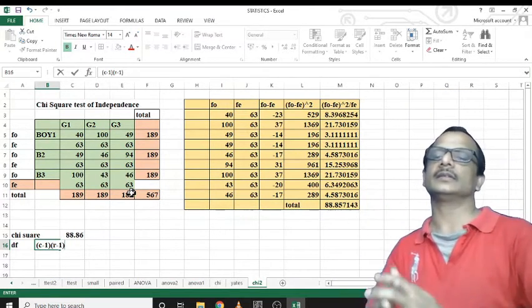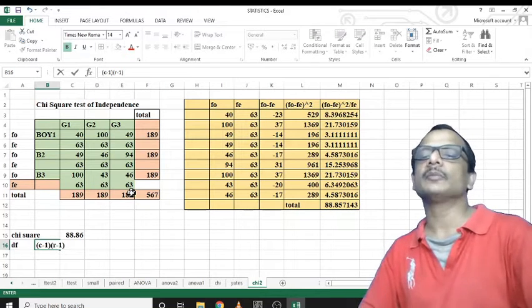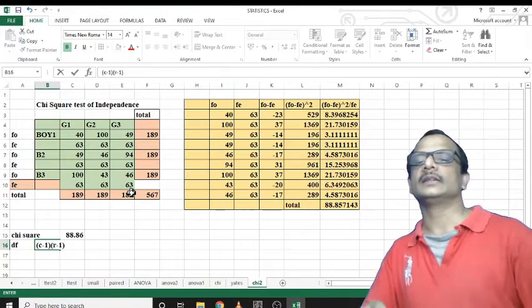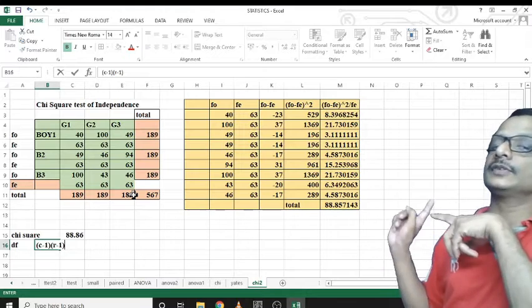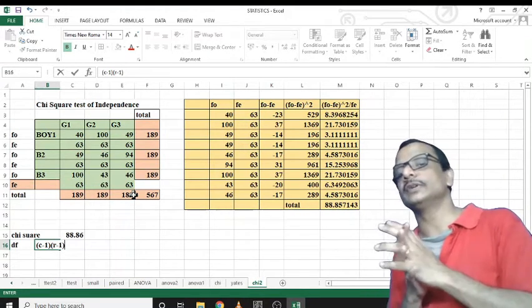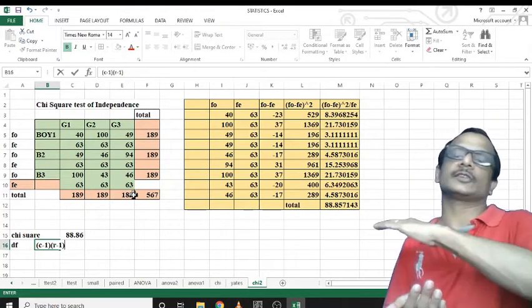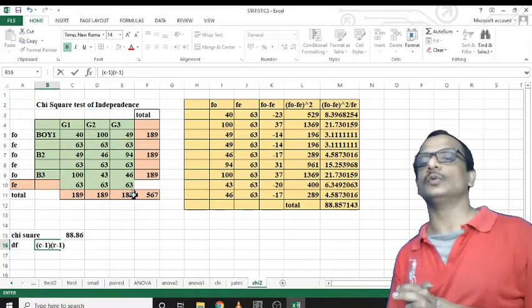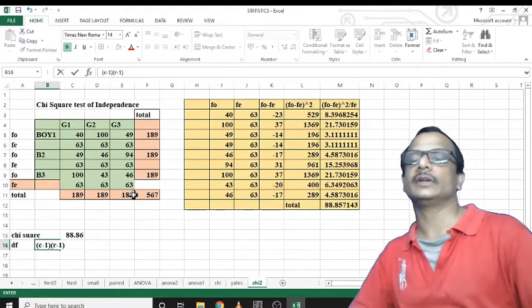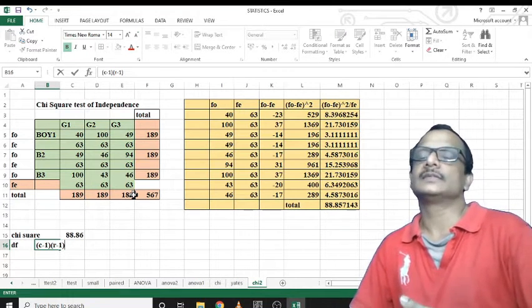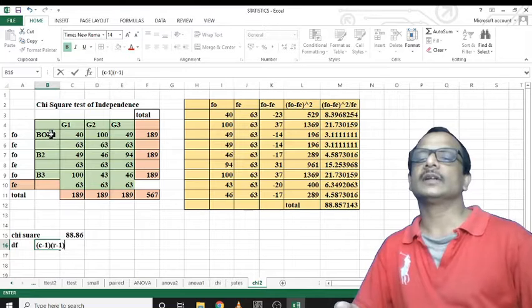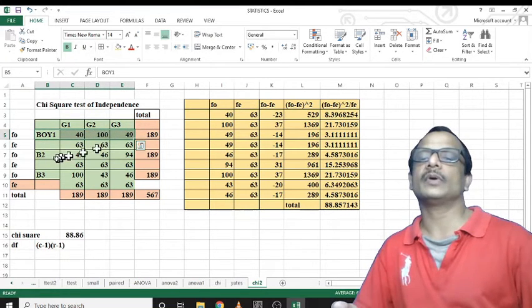And here there is a change in the process of calculation, that is, we omit this expected frequency. In the first case, that is in goodness of fit, we use that expected frequency row in the calculation of degrees of freedom, but here we do not consider that column. Instead we select row number 1, row number 2 and row number 3.